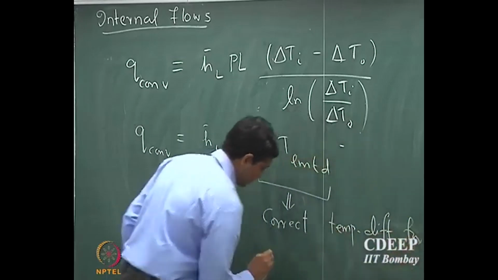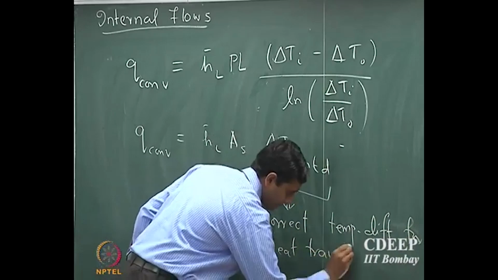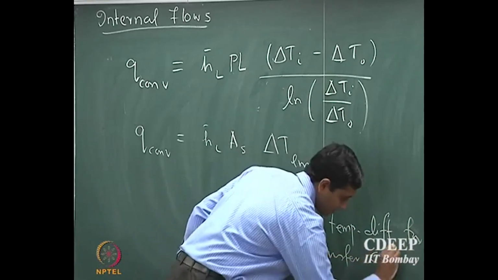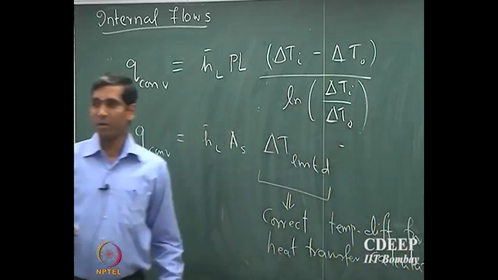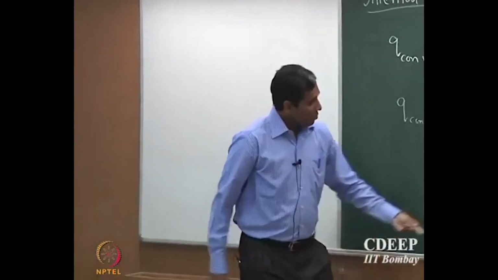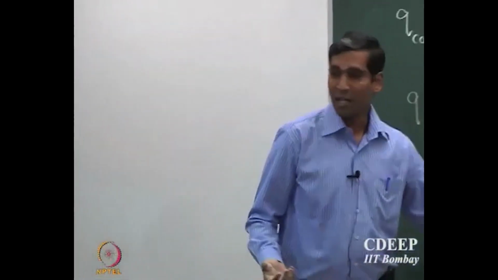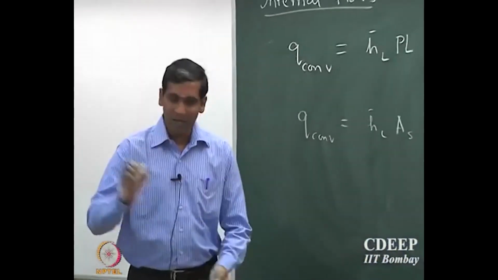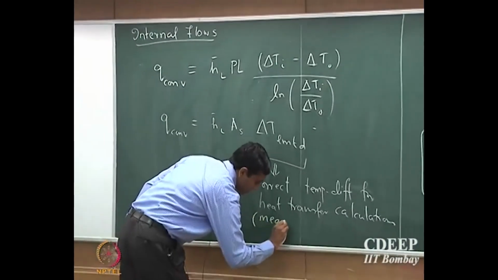for heat transfer calculations. So what we learn from here is that the log mean temperature difference is the correct temperature difference that you have to use for heat transport calculations when you are using the measurable properties.